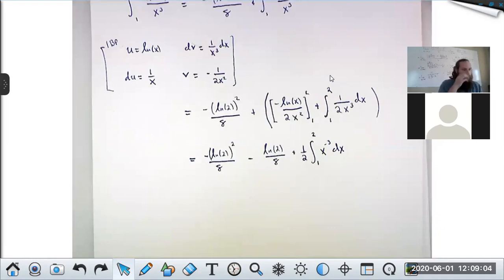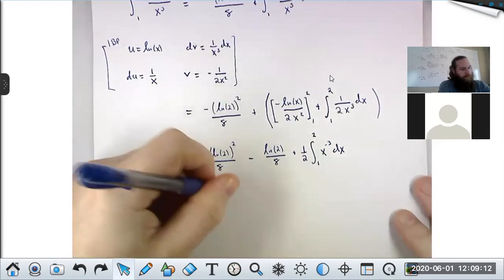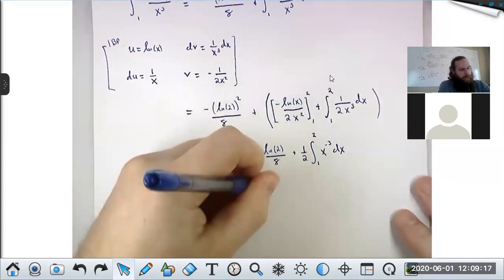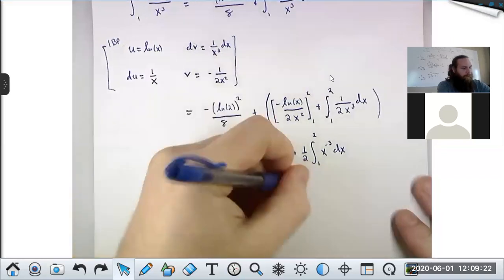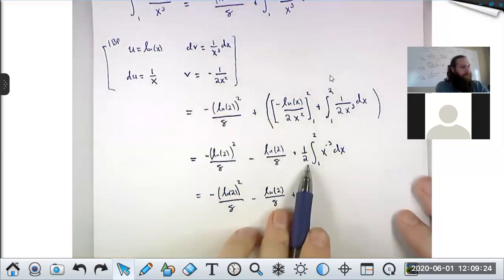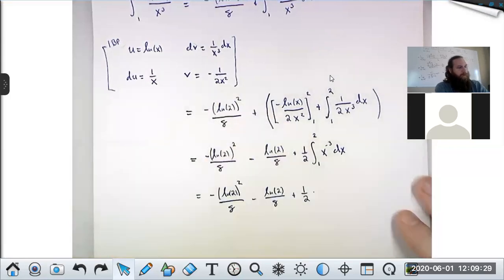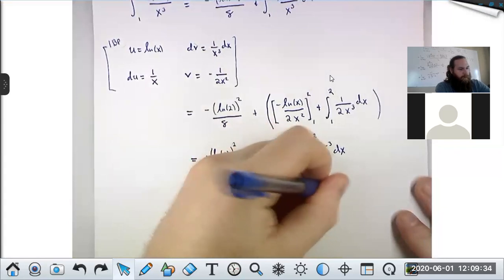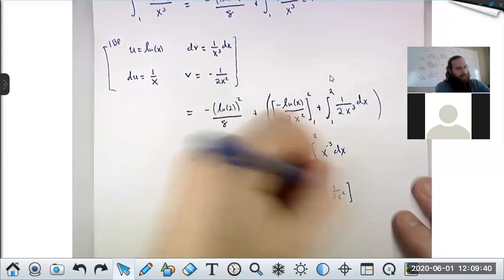And the x to the negative 3 integral we've done a few times. So this 1/2 is going to come along for the ride. The integral of x to the negative 3 is negative 1 over 2x squared. And he will be evaluated from 1 to 2.